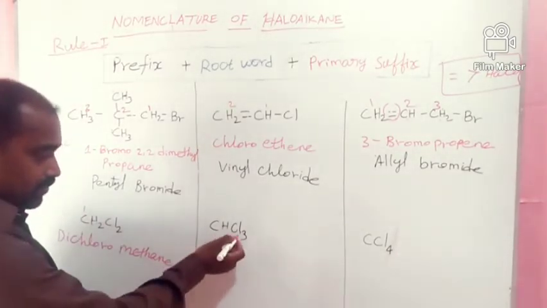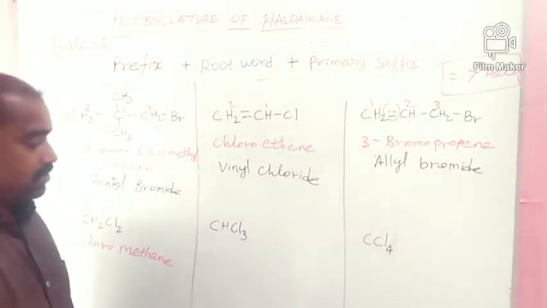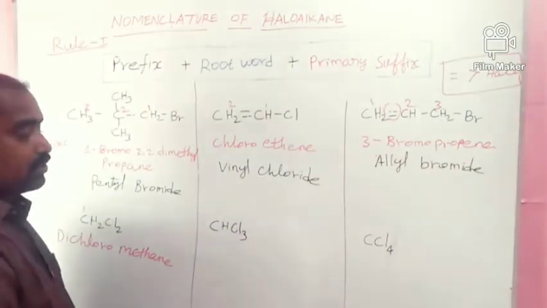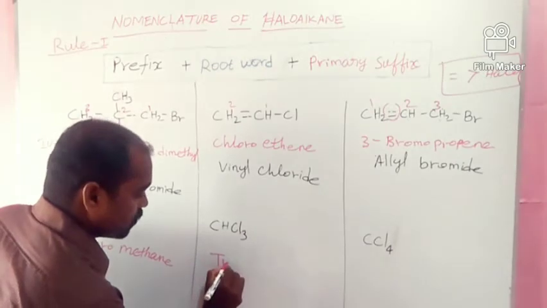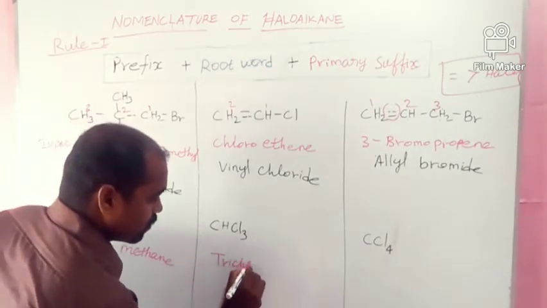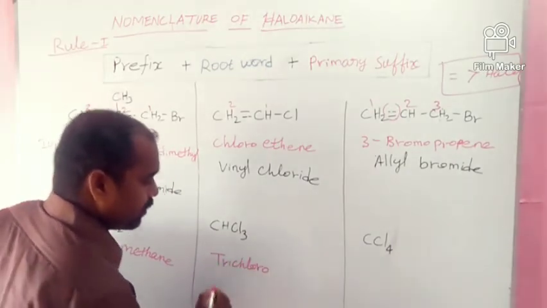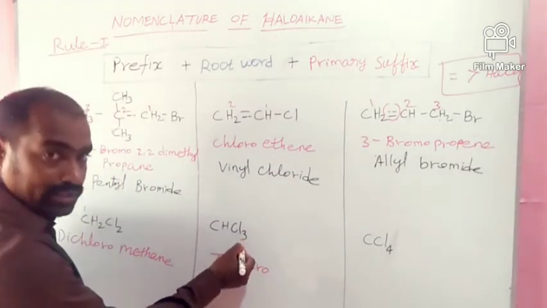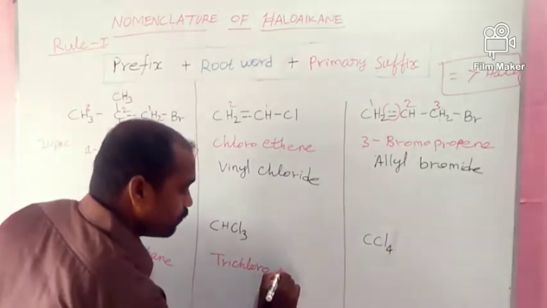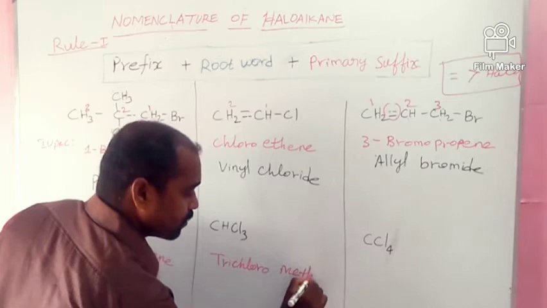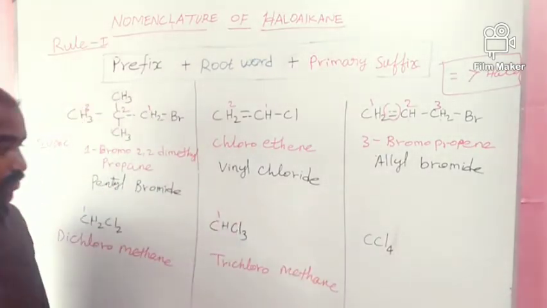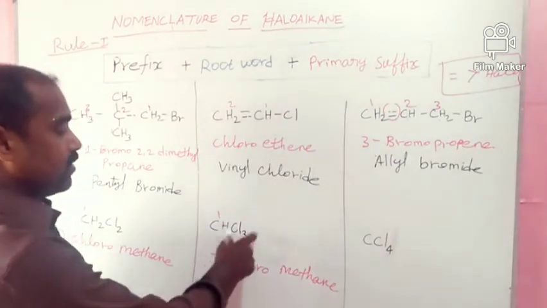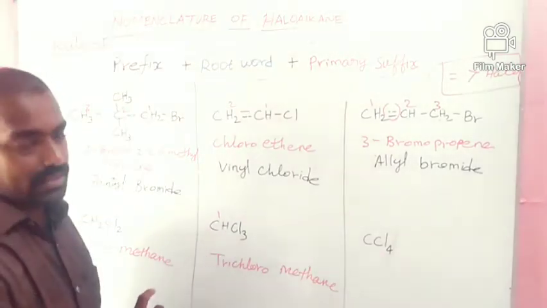And this has 1 carbon and 3 chlorides present. How many chlorides are present? 3. So trichloro, trichloromethane. See, 1 carbon, root word meth, and these are all saturated bonds.